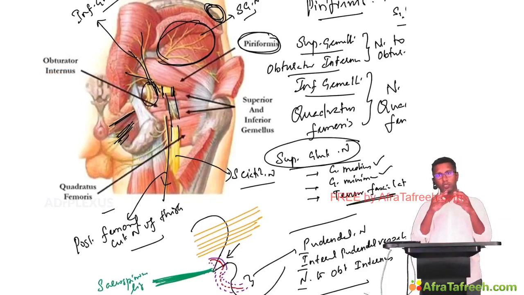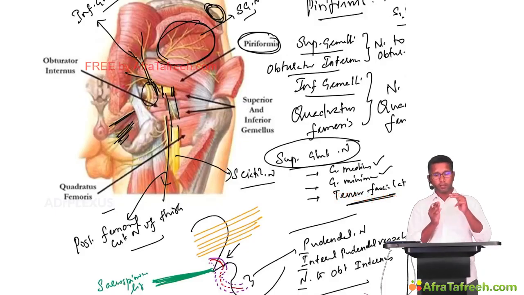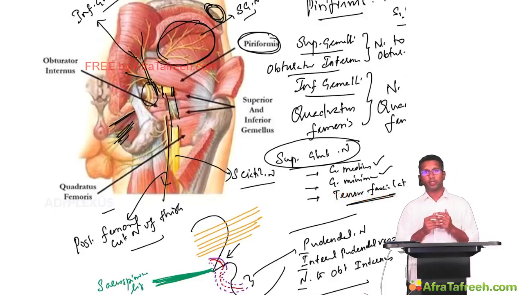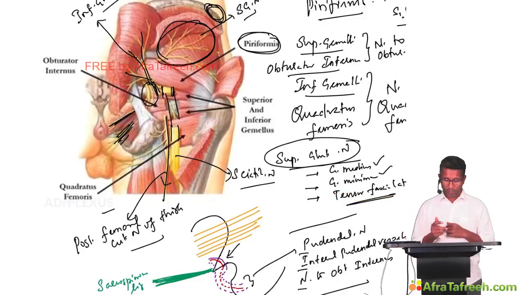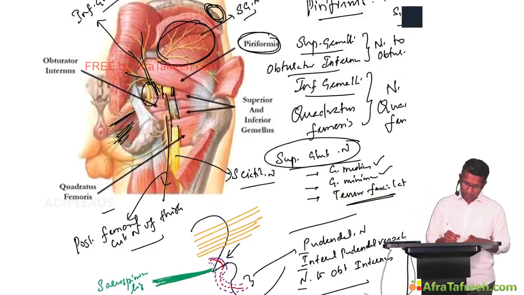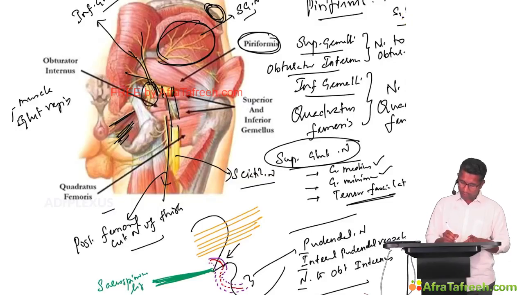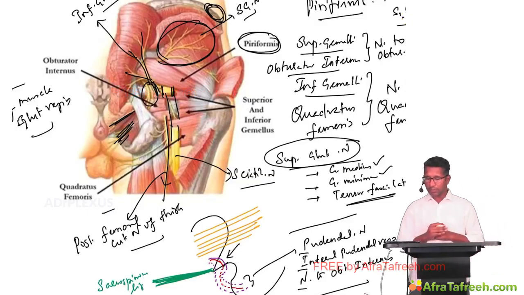When you talk about the gluteal surface of the ilium, you have a lot of muscles. If somebody asks what the key muscle of the gluteal region is, can anybody tell me?